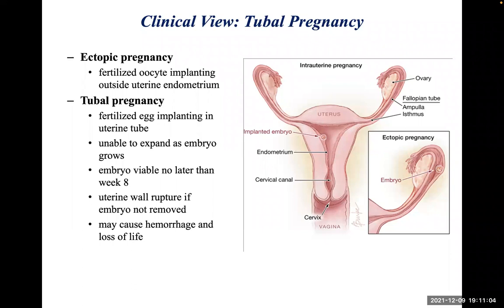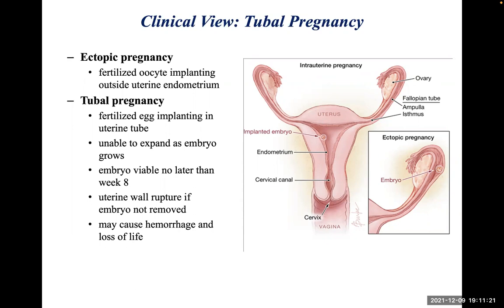So if somebody has a disruption in the fallopian tubes, and that blastocyst can leave the fallopian tube and get into the abdominal pelvic cavity, it could feasibly implant there and begin to grow.